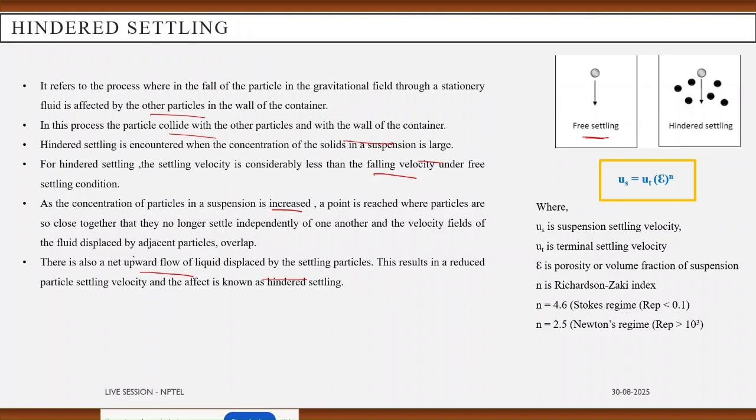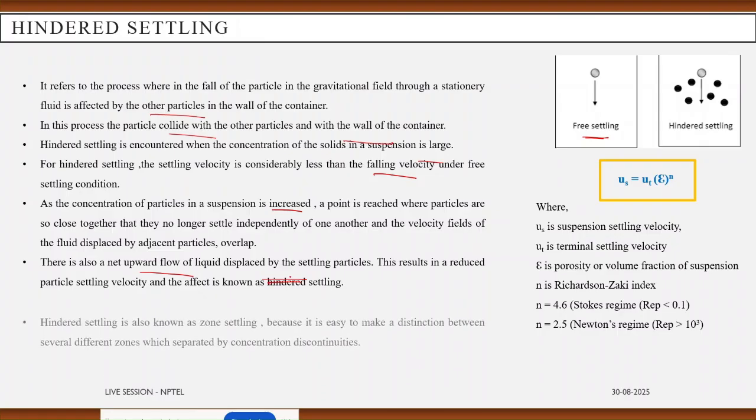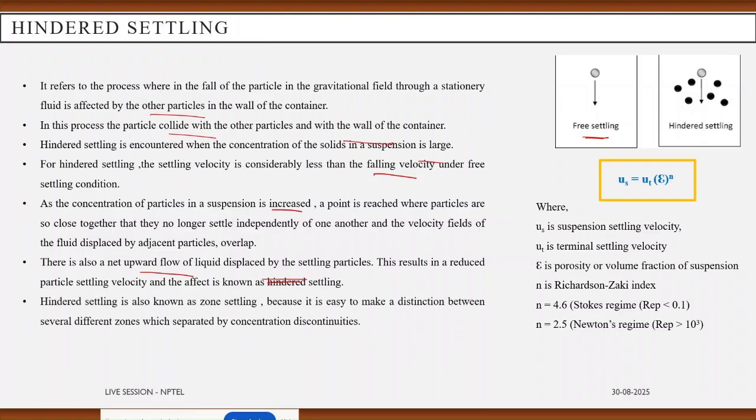This results in a reduced particle settling velocity, which is known as hindered settling. Hindered settling is also known as zone settling because it is easy to make distinct zones between the several settling zones separated by their concentration discontinuities. As the suspension settles, the interface formed will move down at the same speed.